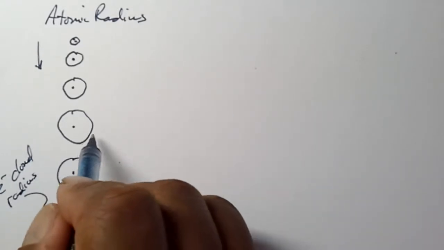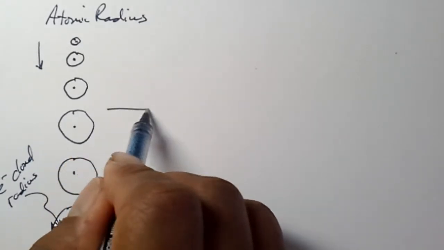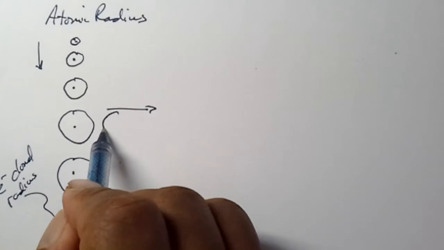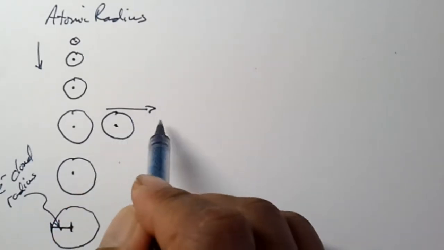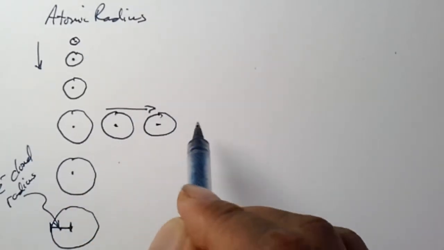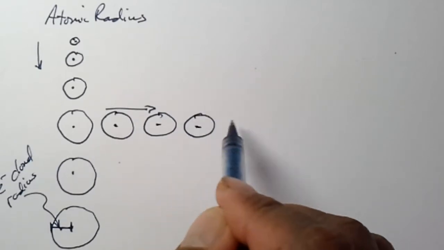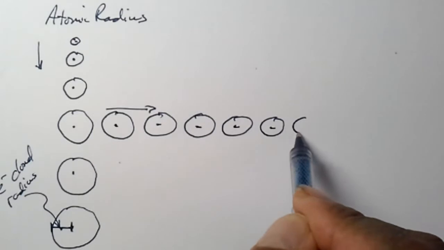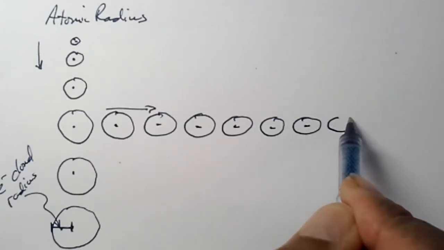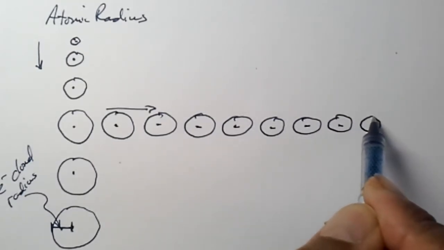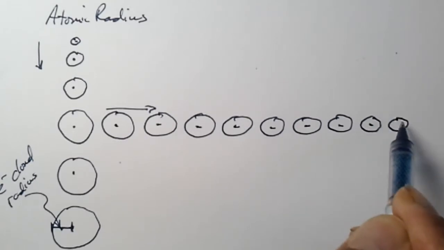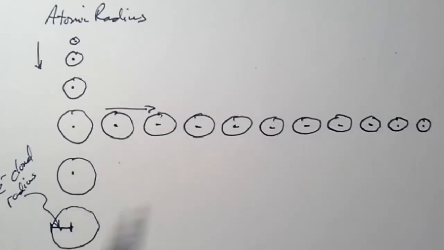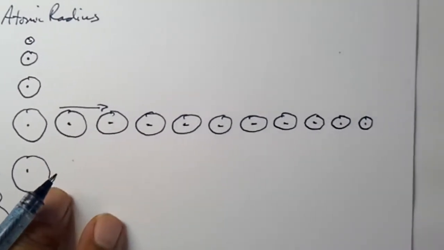Also, as you go across the table in this direction, what you'll see is that the radius begins to decrease, very gradually. There's a lot of elements, but nevertheless they decrease as you move across the table.